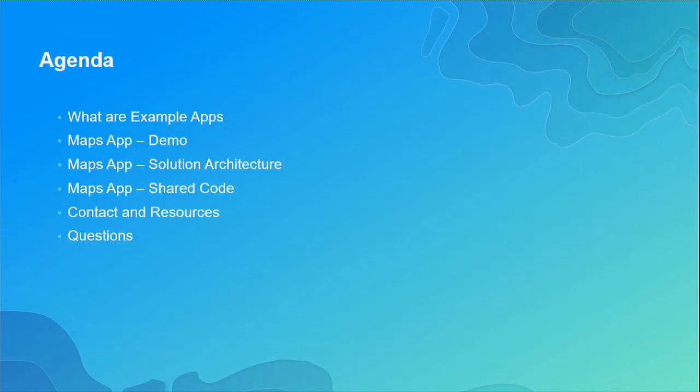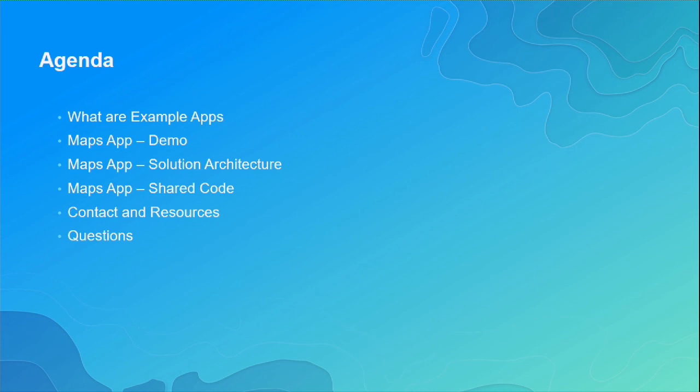So let's talk about the agenda first. Let me know if it makes you get feedback in the back. I'm going to talk to you first about what example apps are, just a quick overview. And then I'm going to talk about what you're all here to see, the Maps app that is basically 4 apps in one.